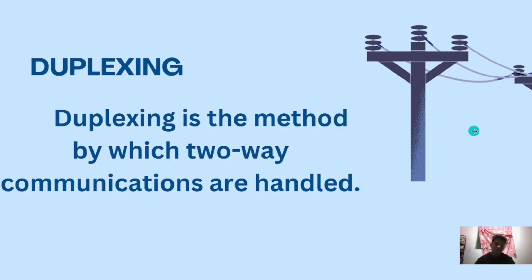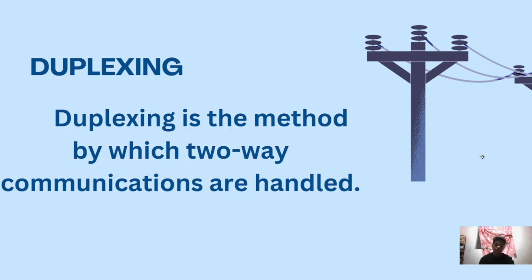Next is duplexing. Duplexing is the method by which two-way communications are handled. There are multiple meanings for duplexing, including a printing process, a paper bonding process, and telecommunication terms.